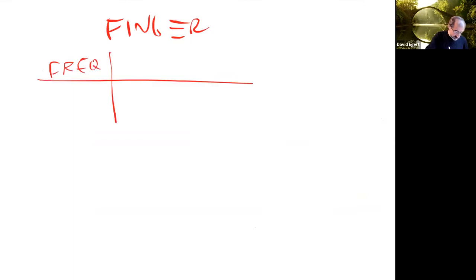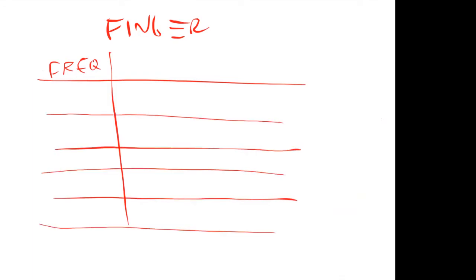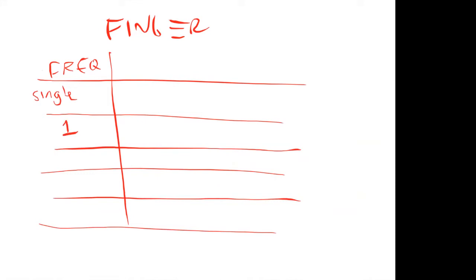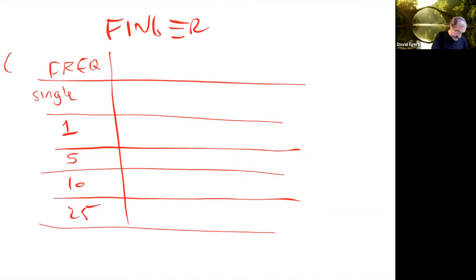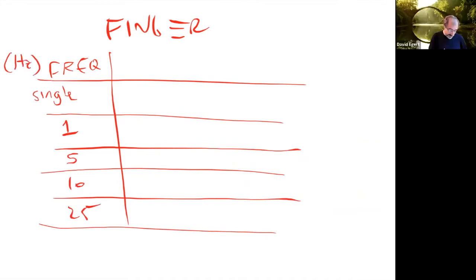And what frequencies are we working with? 5, 10, 25, and 1 hertz. Right. And actually before that, we also have single, where there's no repetition at all. We had 1, what else did we have? 5, 10, and 25. And again, what is the unit for these? Hertz. Right, so it's something like that.